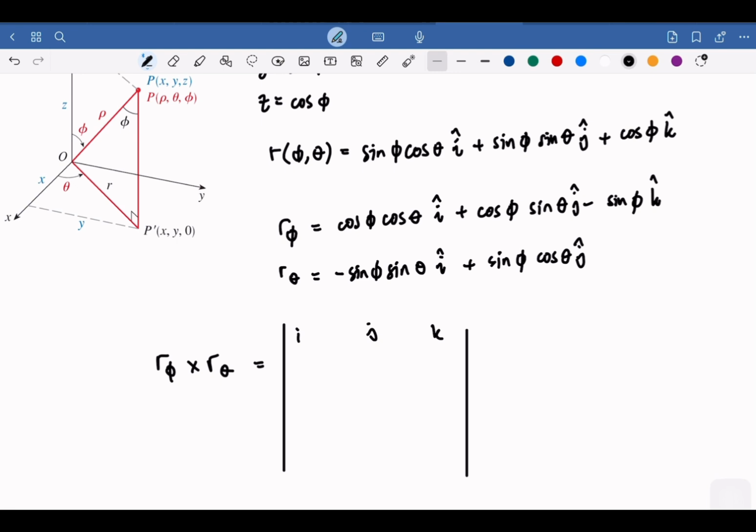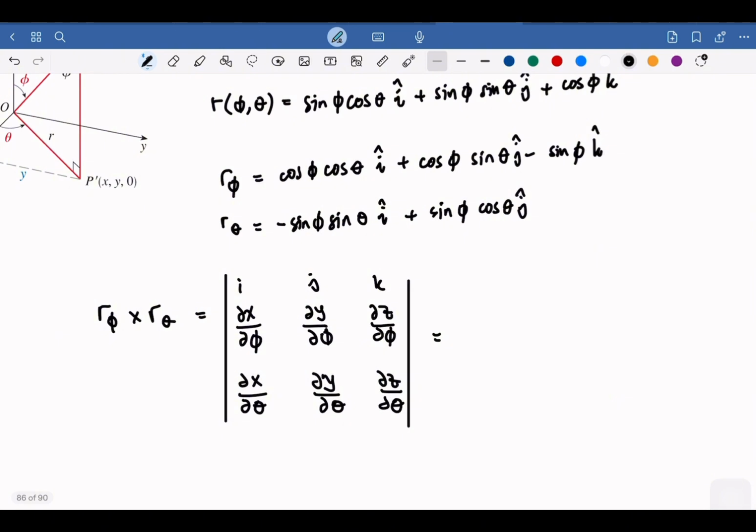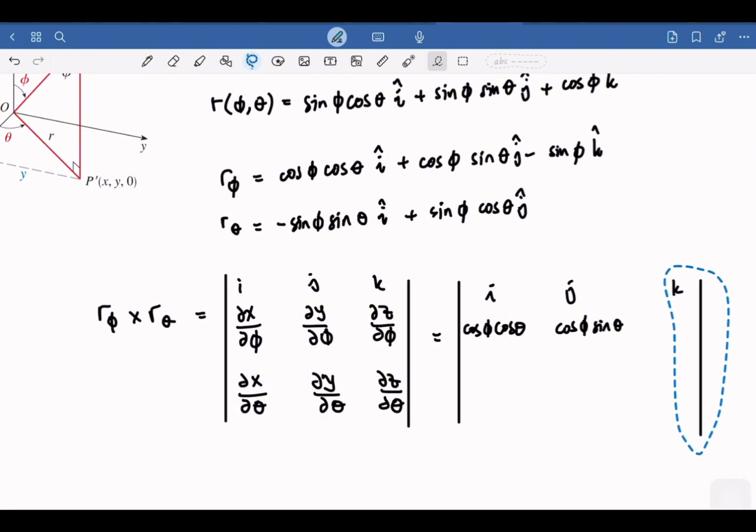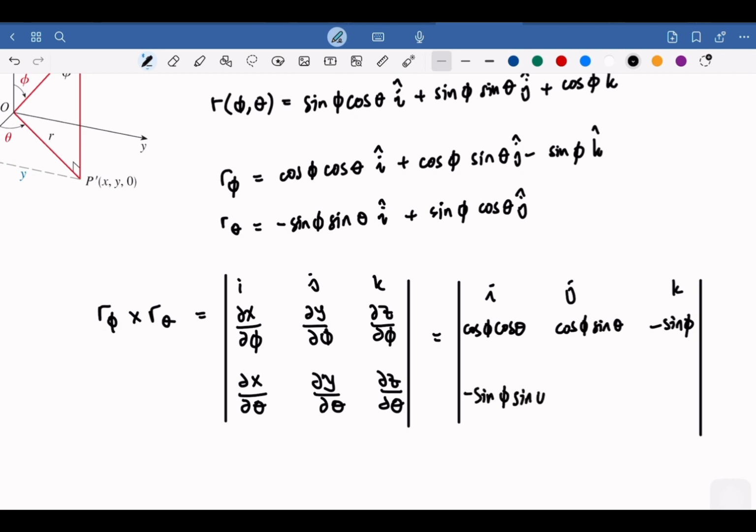So i, j, k, then cosine phi cosine theta, cosine phi sine theta, minus sine phi, and minus sine phi sine theta, sine phi cosine theta, and 0.